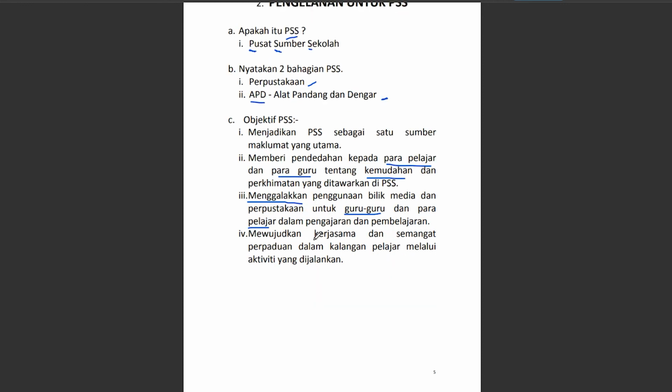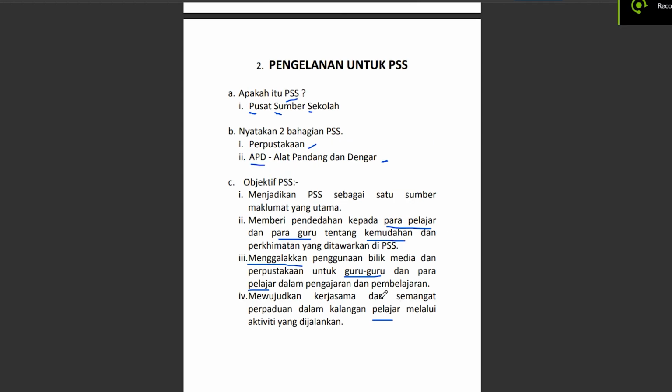And lastly, we encourage everyone, mostly students, to work together in order to learn together. So those are the 4 main objectives for PSS for the library section. That's the end of the second chapter. I'll see you in the next chapter.